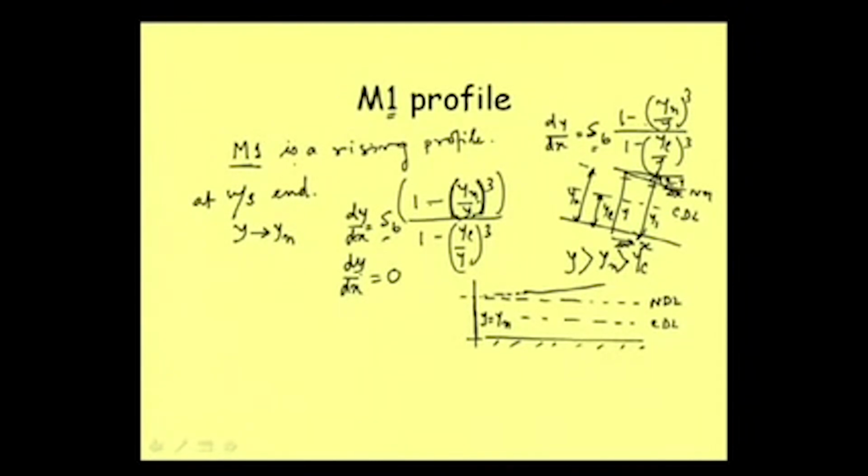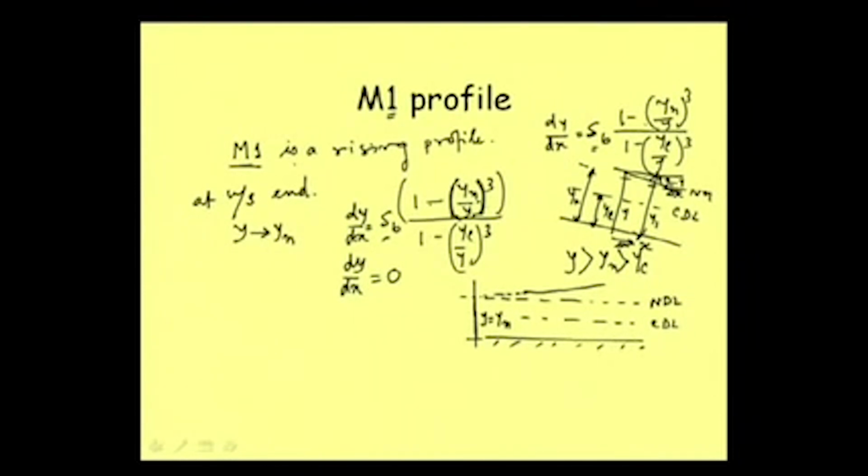So, at the upstream end we are getting that there is no change of y with respect to x, and we already got that in uniform flow itself y is not changing with x. So, it is meeting the point at the end.